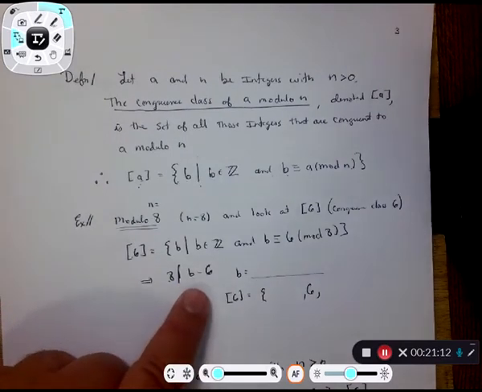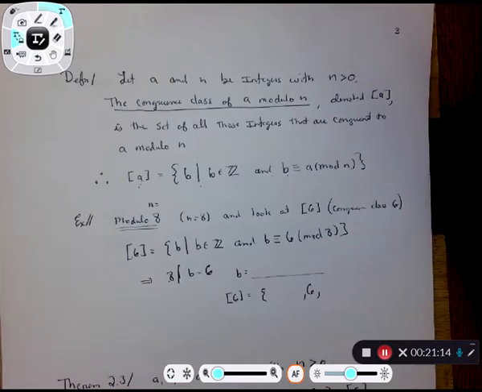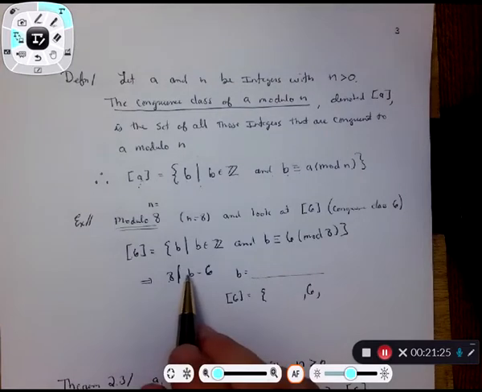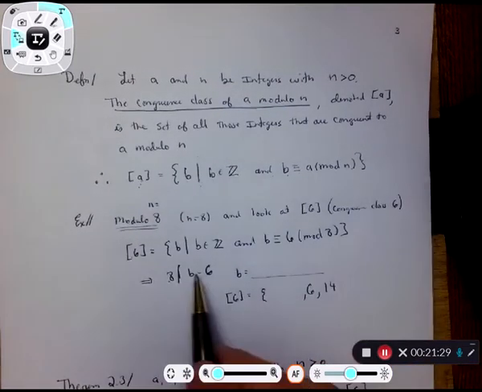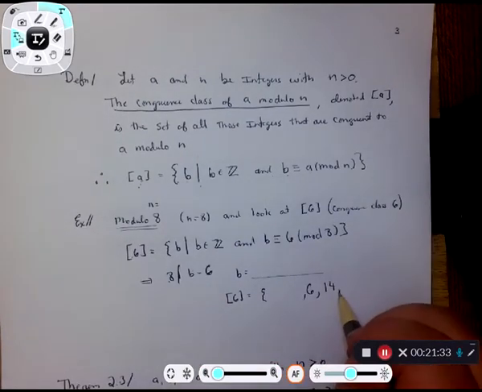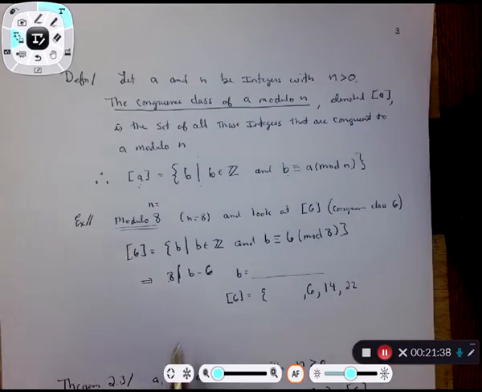The next one, if we do these in order, what do I need to subtract 6 from that 8 can divide? That would be 14. 14 minus 6 is 8, and 8 divides 8. So the next one would be 22. 22 minus 6 is 16, and 8 divides 16.